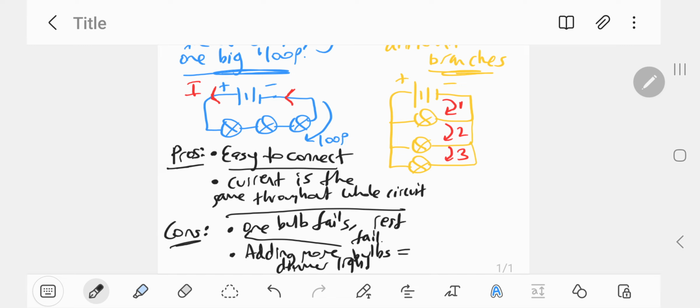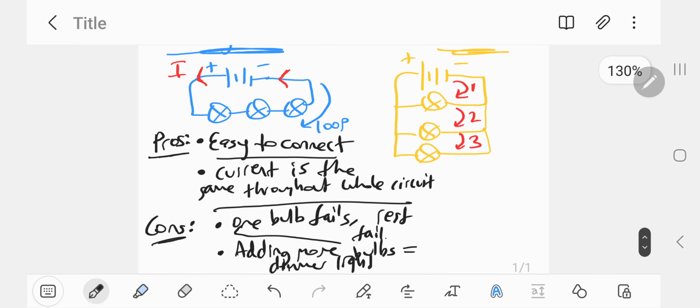So you've got energy coming into the light bulbs that's got to get used up and converted into light. Lots of energy means lots of light distributed across many globes. So that's another disadvantage. So dimmer light.